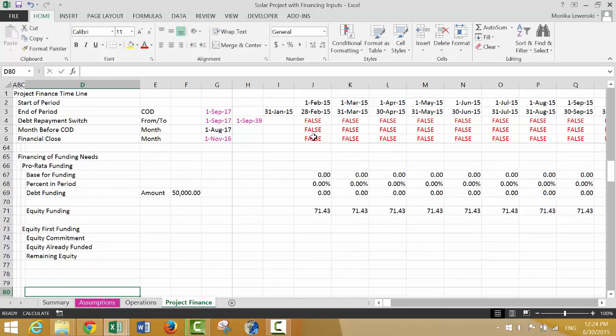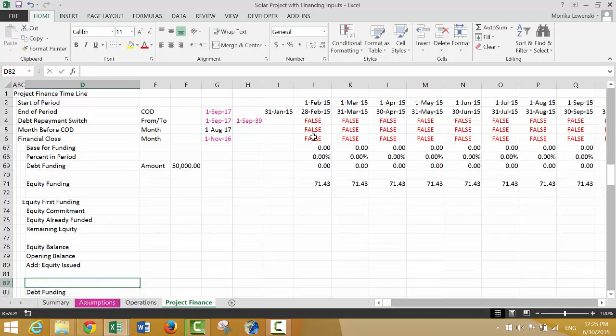Now, once we have the remaining equity, then we can put our equity balance, and we have the opening balance, and then we add to that the equity issued, or equity contribution. Yeah, issued is, I think, okay, probably, and then closing balance.